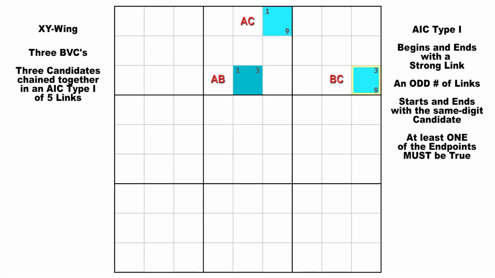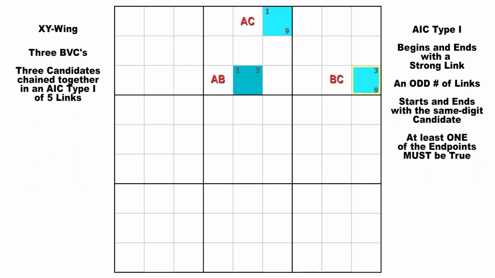And when we construct the chain like this, we know with absolute certainty that one of those two endpoints must be true. Now, if you are unsure about that, please go back and watch videos number 3, number 3A, number 4, and number 4A. So in an XY wing, the two endpoints will always be the two candidate C's, which will always be the two extremities of the chain.